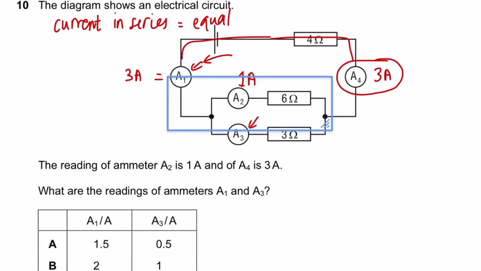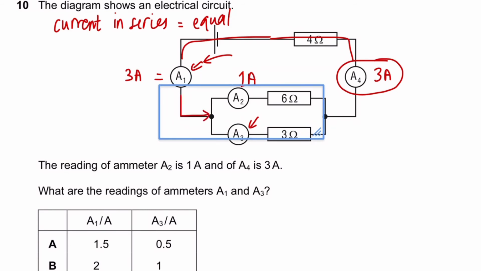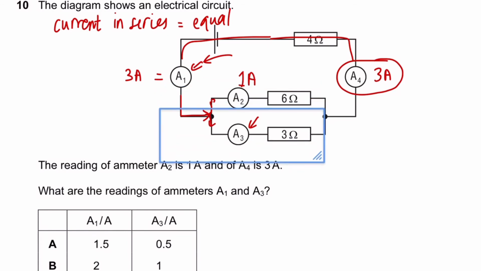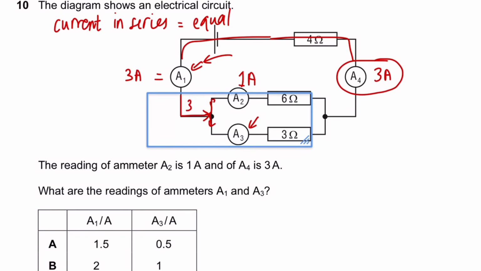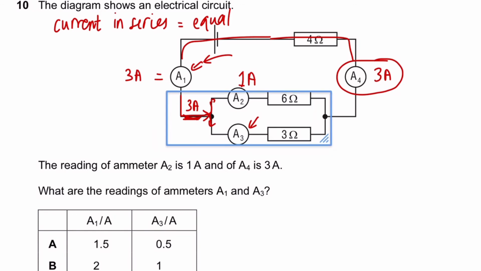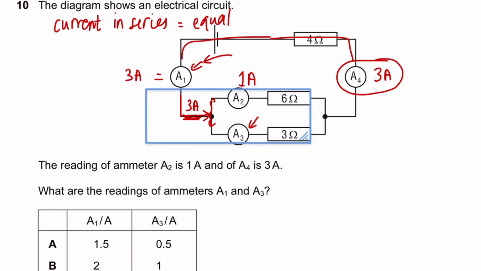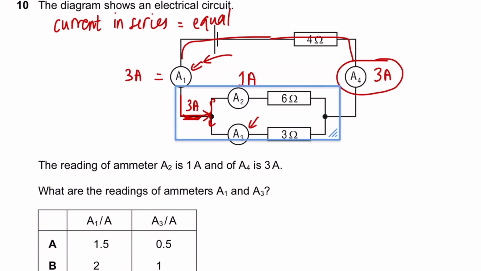Now the tricky part here is when the current enters two branches, which you can see right here. So before it enters these two branches, in the main branch, which is right here, is 3 amps. These 3 amps will then be split into two branches.